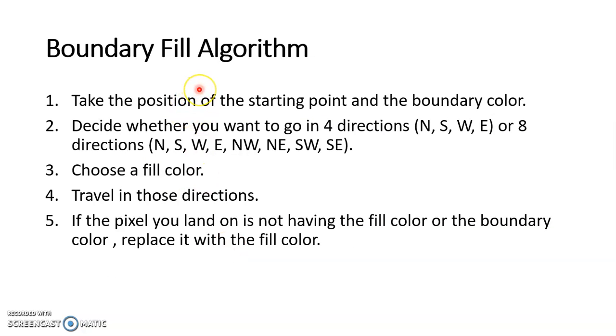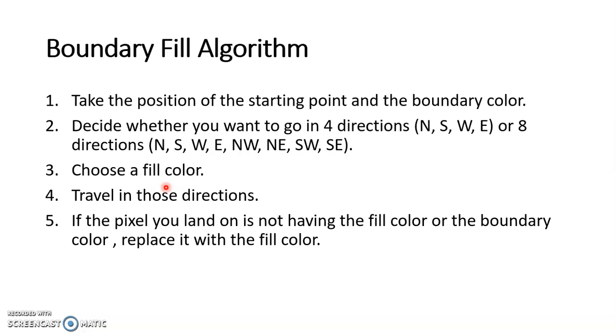Let us see boundary fill algorithm. In the boundary fill algorithm, first take the position of the starting point and the boundary color from the user. Then decide whether you want to go in four directions, that is north, south, west and east, as in four connected method, or north, south, west, east and northwest, northeast, southwest, southeast, as in 8 connected method.